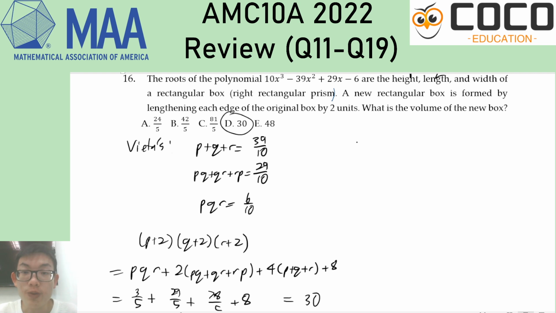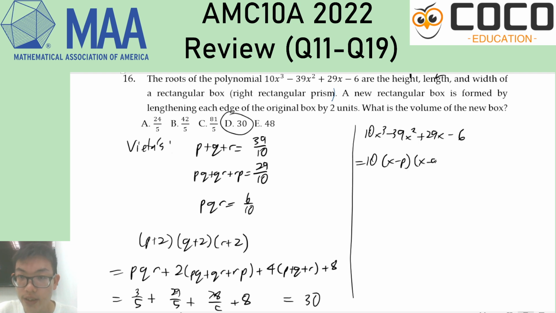If you understood where Vieta's comes from, it actually comes from just writing down a factorization like this, and saying that if I expanded it out and compare coefficients, this would give me Vieta's. Now, why would it be better here?